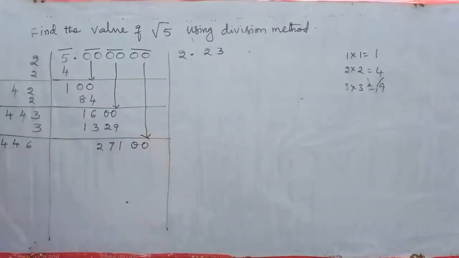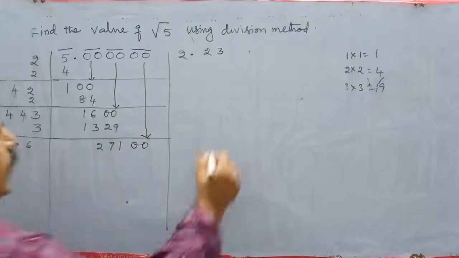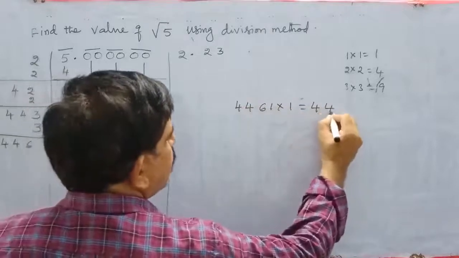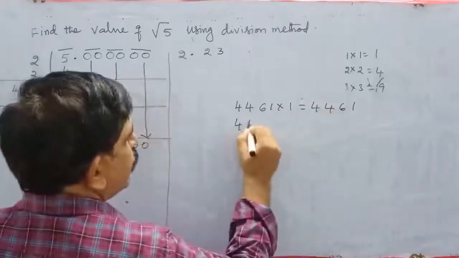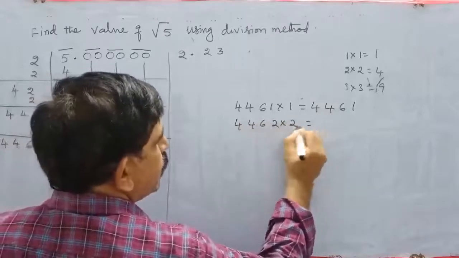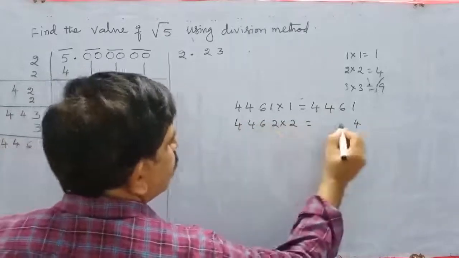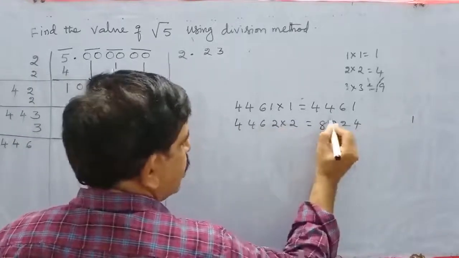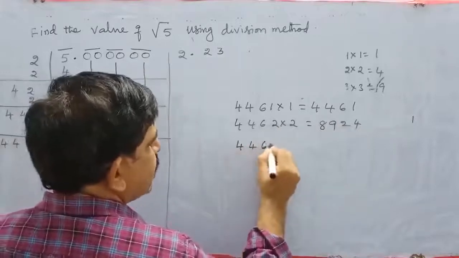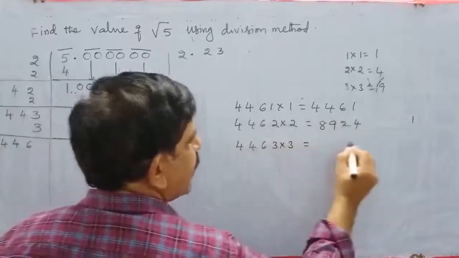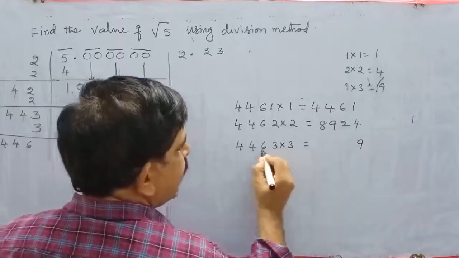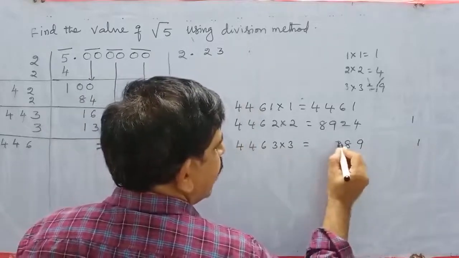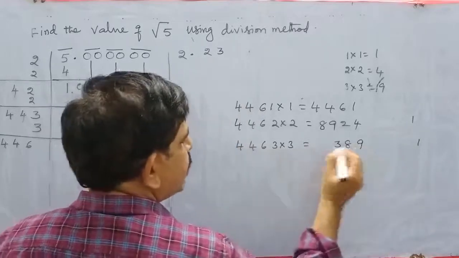Next 2 zeros. 4461: 1 into 1. 4462 into 2: 2 2s are 4, 2 6s are 12, 1 remainder, 2 4s are 8 plus 1, 9, 2 4s are 8. Okay, next 4463 into 3: 3 3s are 9, 3 6s are 18, 1 remainder, 3 4s are 12 plus 1, 13, 1 remainder, 3 4s are 12 plus 1, 13.